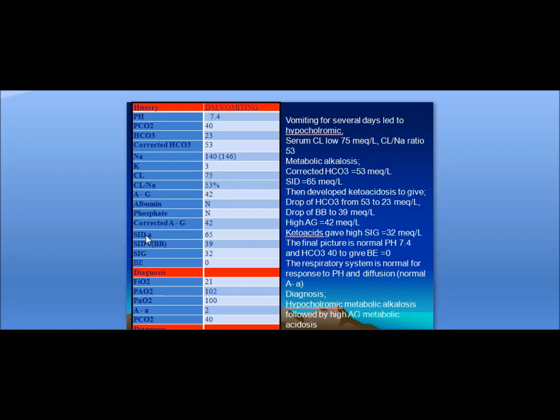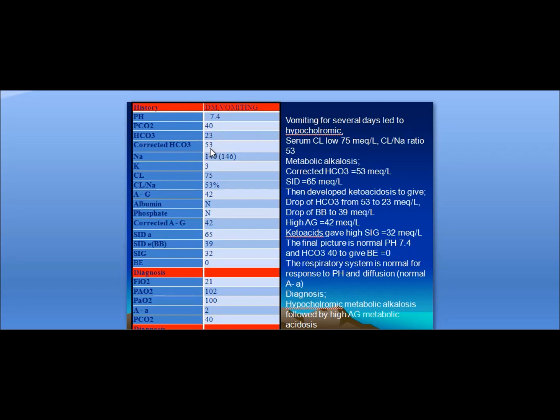When it comes to the strong ion difference, more than 40. So this is hypochloremic metabolic alkalosis. What about the corrected bicarbonate? Corrected bicarbonate is 53.